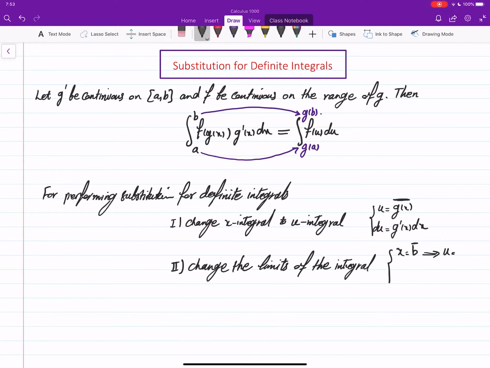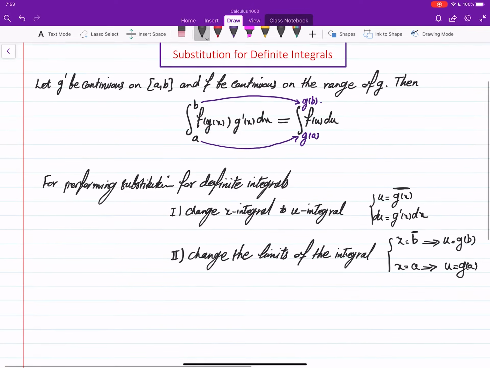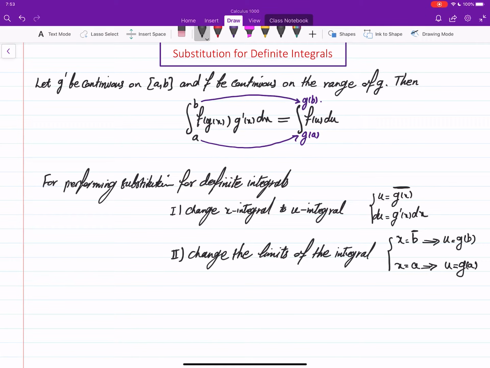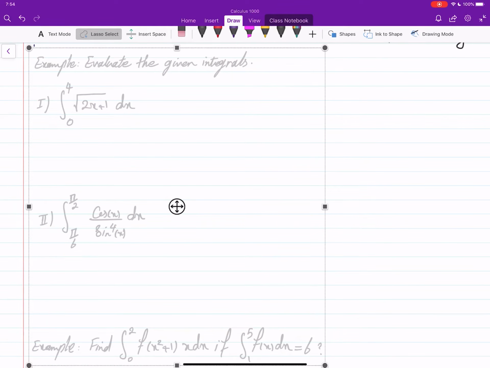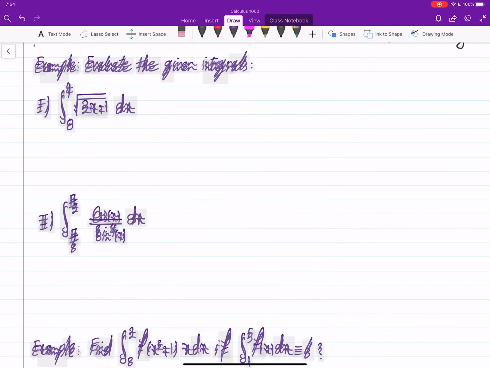So if x is b, this is going to be g(b). And if the lower limit x is equal to a, we need u equal to g(a) to be the lower limit of the u integral. Okay? So not only do you change the x integral to the u integral, you also change the x integral limits to u integral limits.